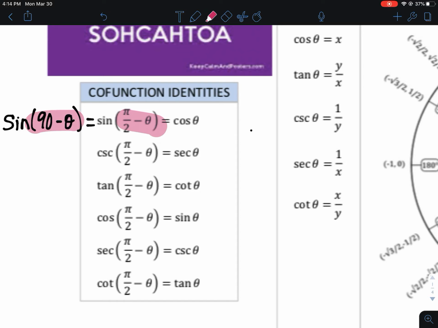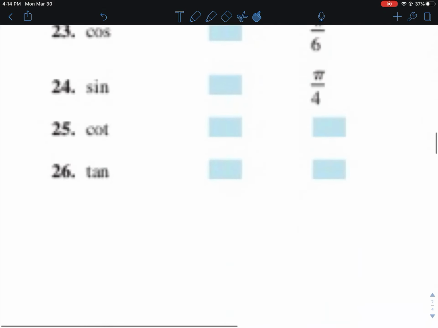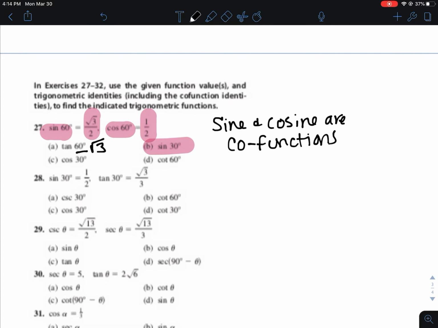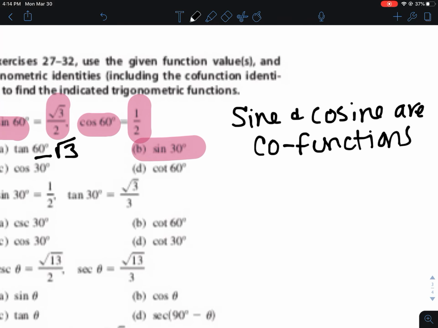So we know the sine of 90 minus theta is equal to cosine. And we also know that the cosine of 90 minus theta is equal to sine. So those are trig identities I'm going to bring down with me in my head. I'm using 90 instead of pi over 2 because we're dealing with degrees here.